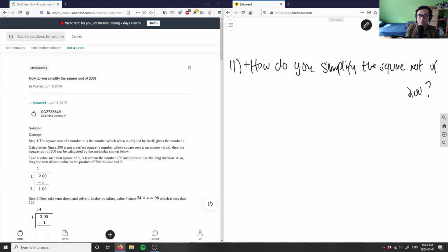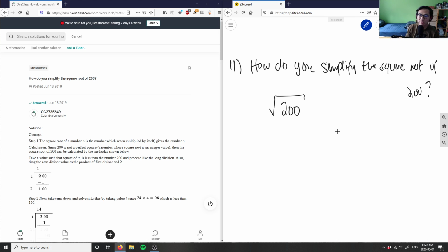So again, when we're looking at the square root of 200 here, this 200 goes inside the square root. In order for us to simplify the square root here, I'm assuming that we're looking at the simplified radical form of this. You could also take the method as the solution is looking at here, so we'll go over that as well.